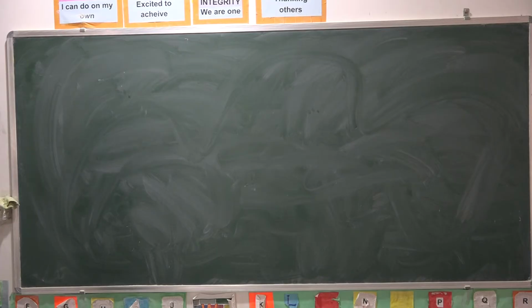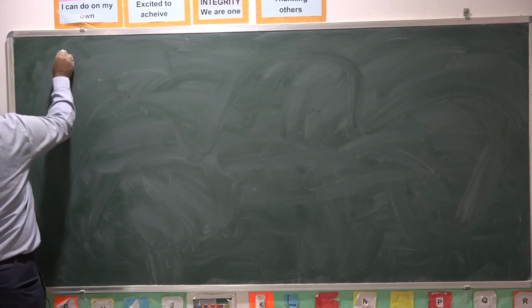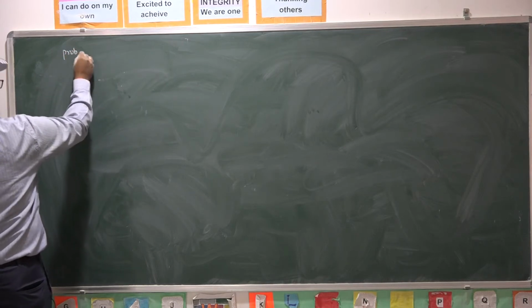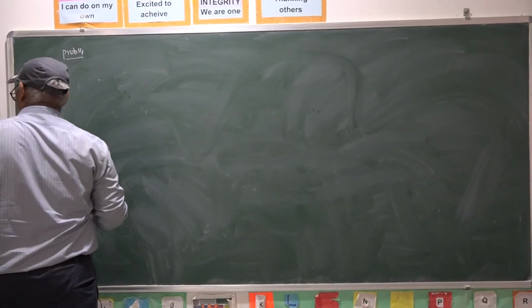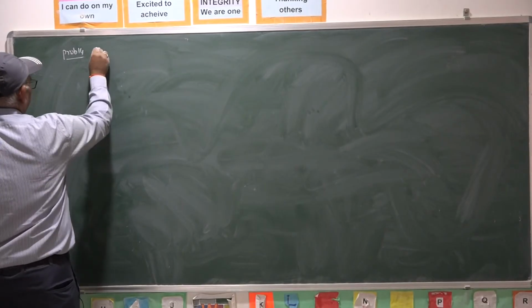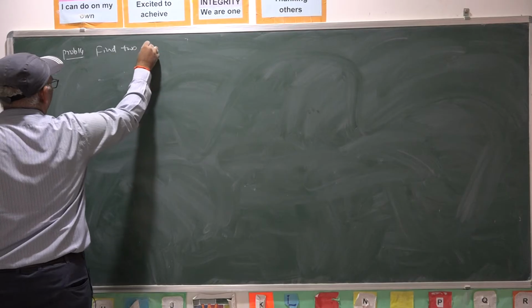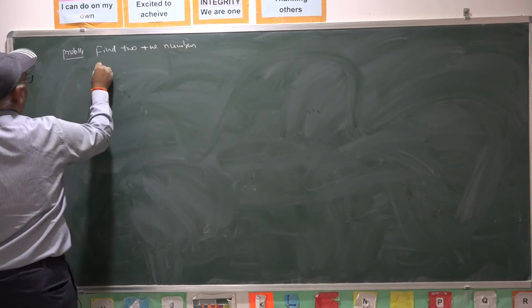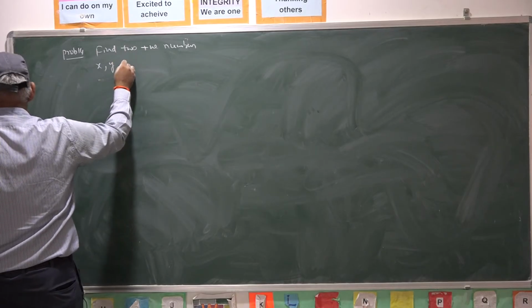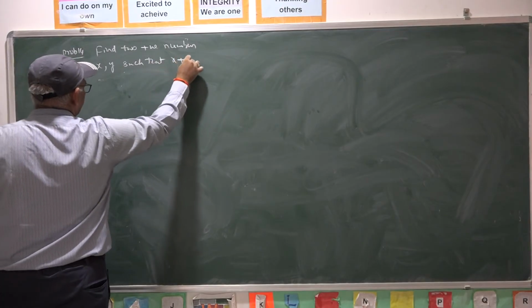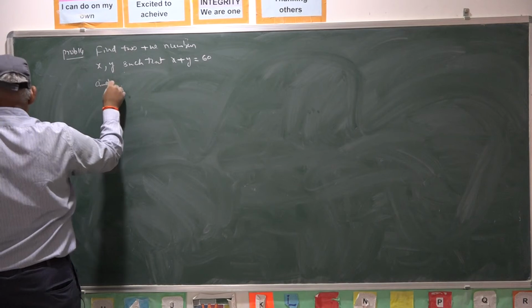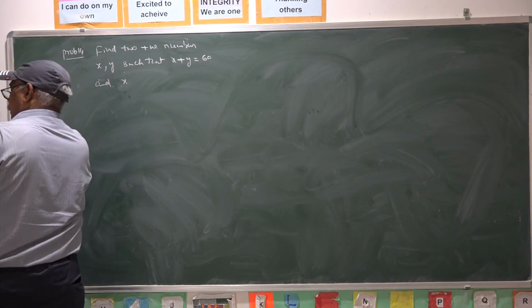Similarly, the next one, same model. Find two positive numbers x and y such that the sum x plus y is 60 and x y cube is maximum.